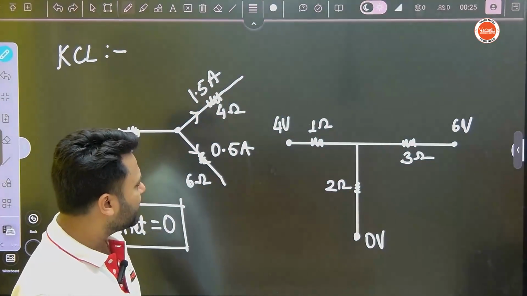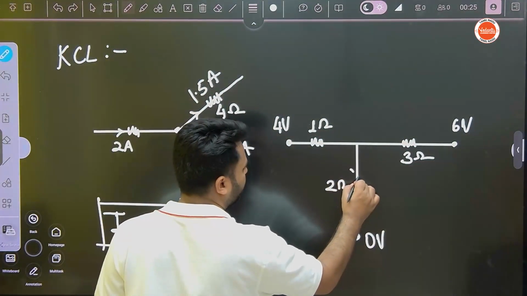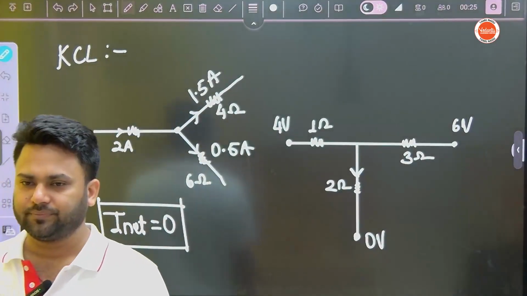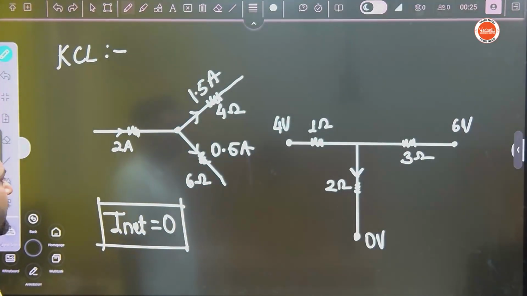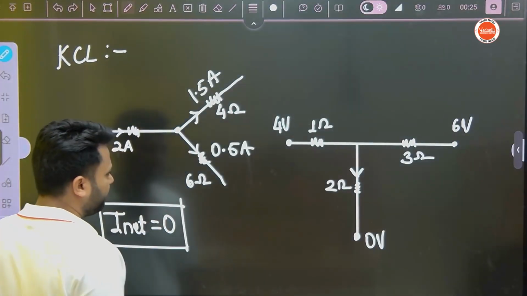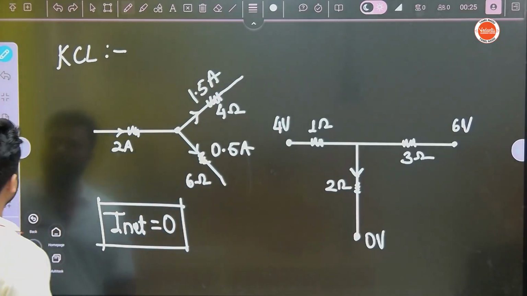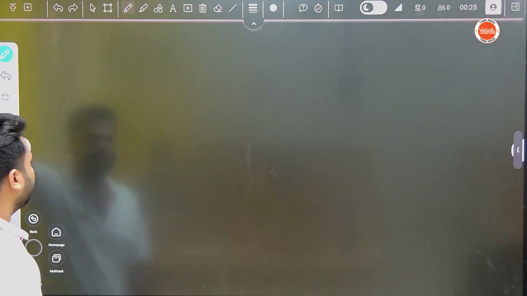They will ask what is the current flowing here, this current. Like this they will ask. How to solve? Always remember, whenever this kind of question comes, see the process, very easy process.